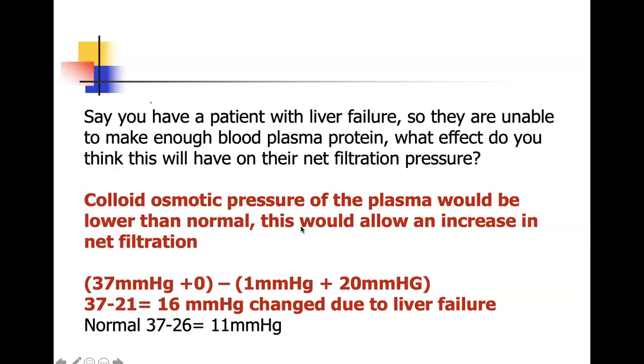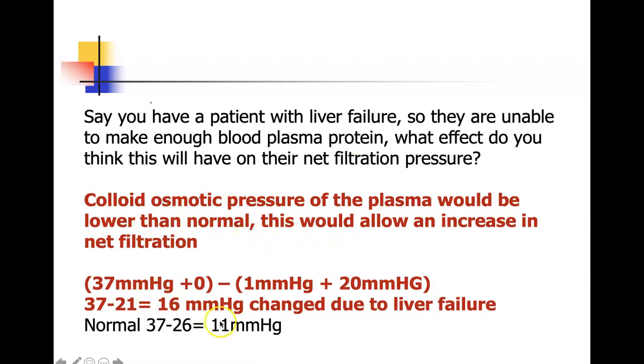Let's think of an example. Say you have a patient with liver failure, so they're unable to make enough blood plasma protein. What effect do you think this will have on their net filtration pressure? Well, if they don't have enough blood plasma protein, the colloid osmotic pressure of the plasma would be lower than normal, so this would increase net filtration.